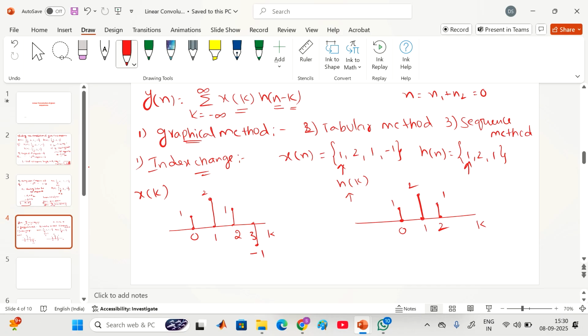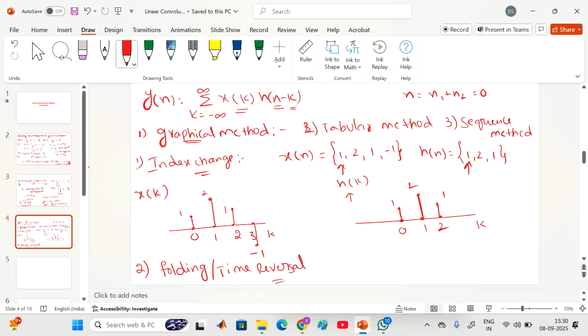Now the next one is, instead of h of k we have h of n minus k. So first of all we have to find h of minus k, then we have to find h of n minus k. So that is folding, or time reversal we can call it.